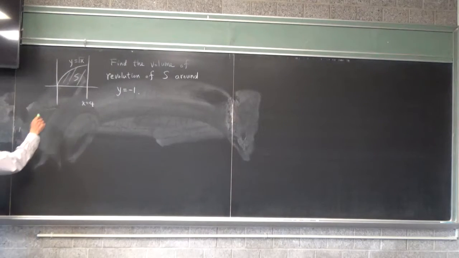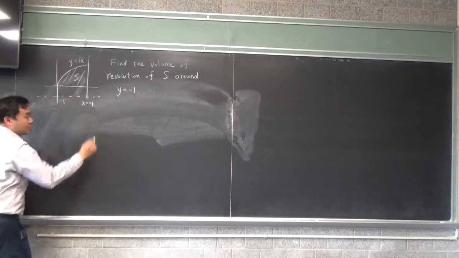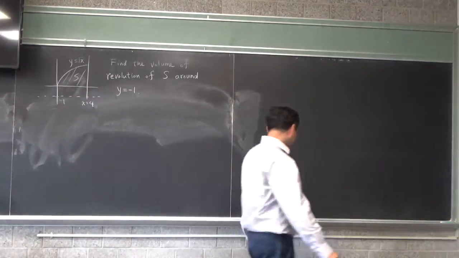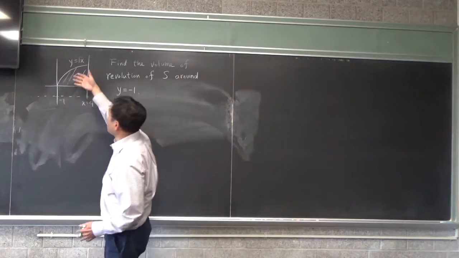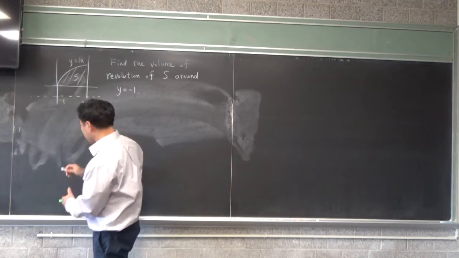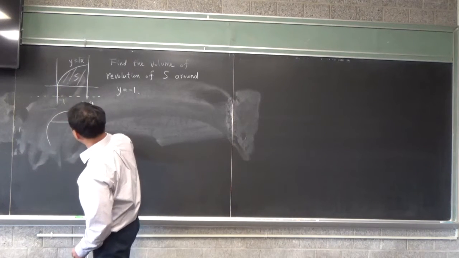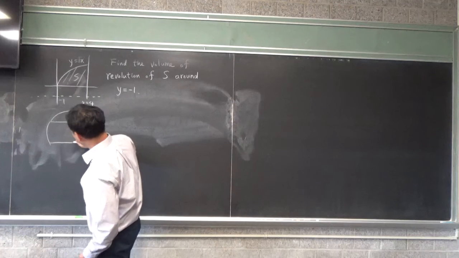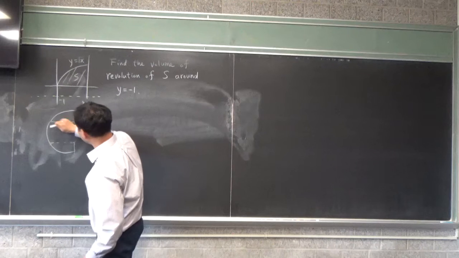Y equals -1 would be, here's -1, and you have that dotted line. And imagine that you're rotating this region around this so that eventually your picture will be something like that, but these are dotted lines.